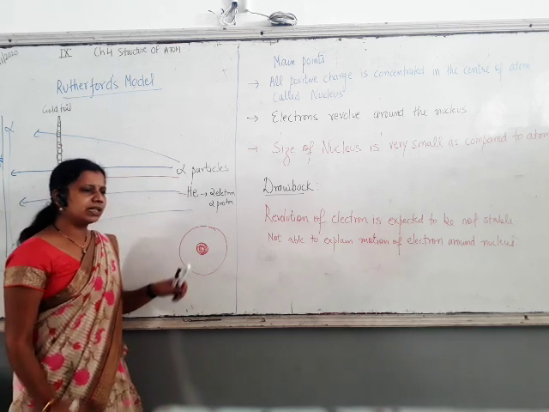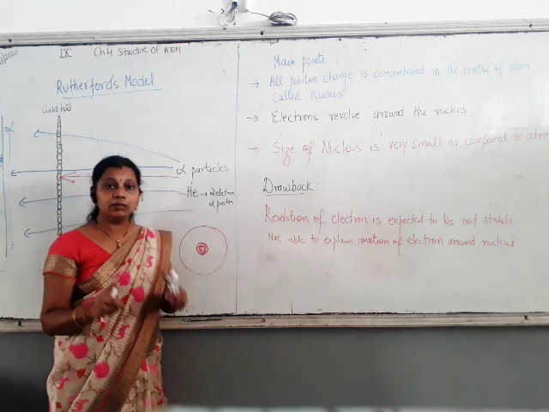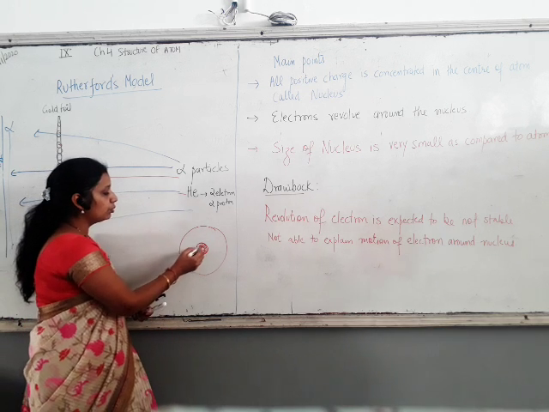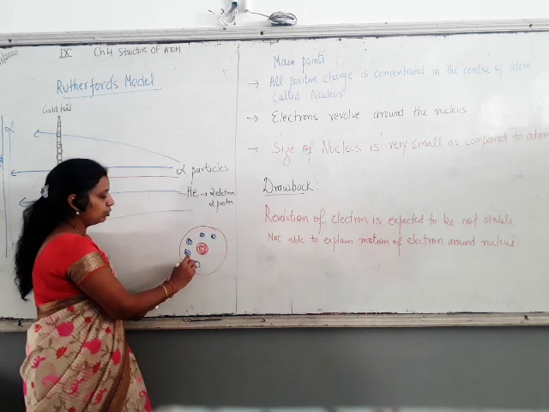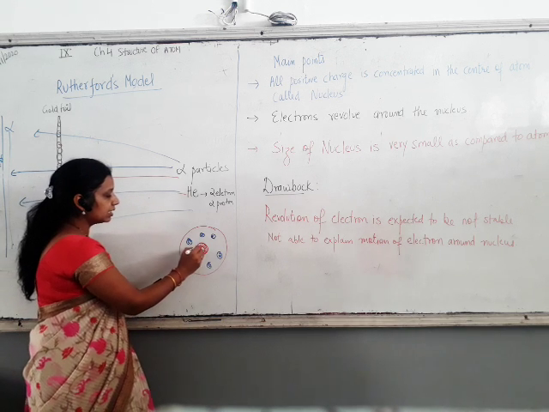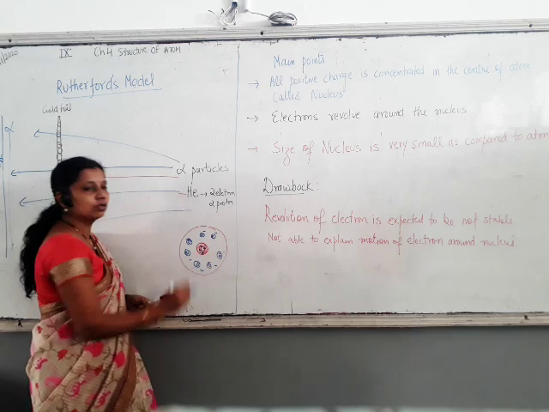And this nucleus is very small as compared to the size of the atom. And about electrons, electrons are revolving around this nucleus. So he gave a model like this, with all the positive part over here, and negative electrons revolving around this nucleus.